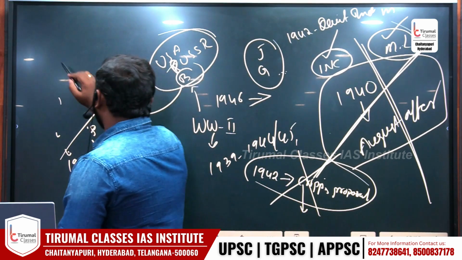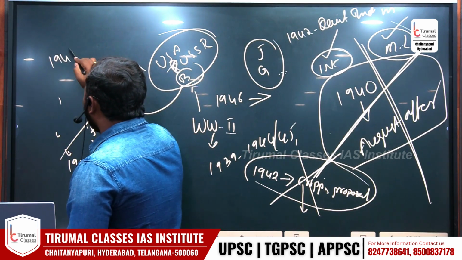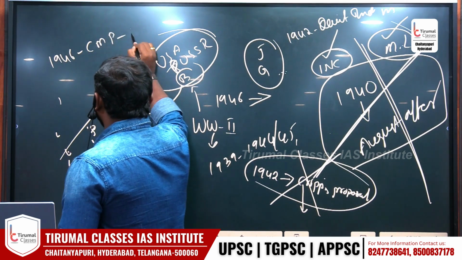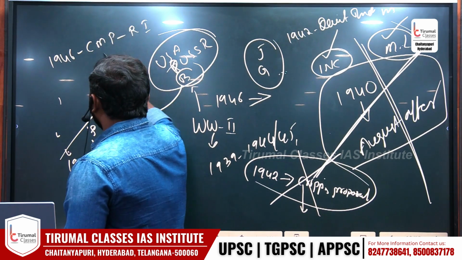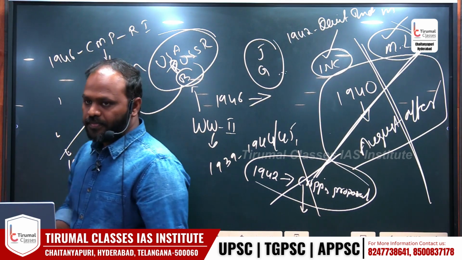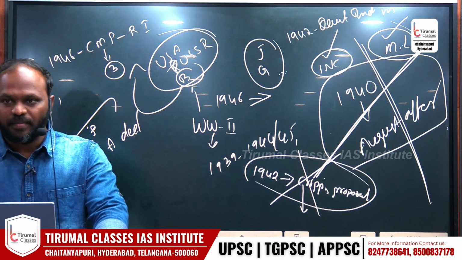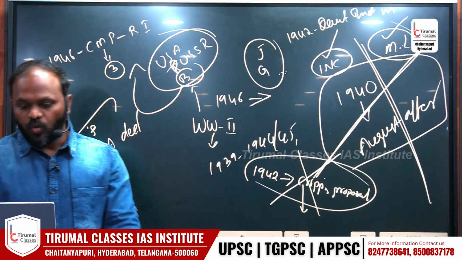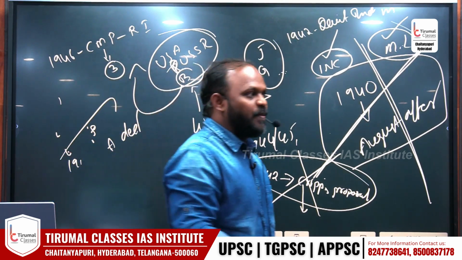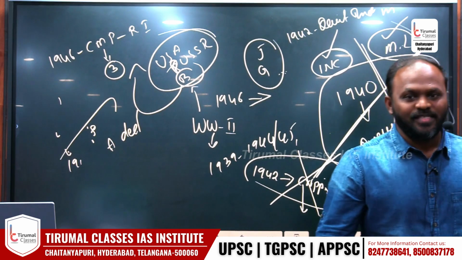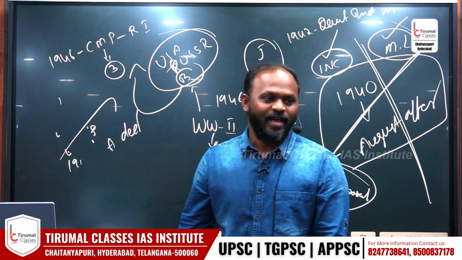So in which year did we get this Cabinet Mission Plan? 1946. The Cabinet Mission Plan reached India. The Cabinet Mission Plan has three members. Who are the three members? Write down Lawrence, not dance master Lawrence, okay?